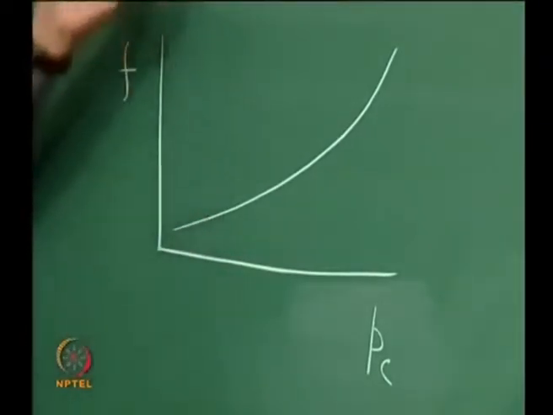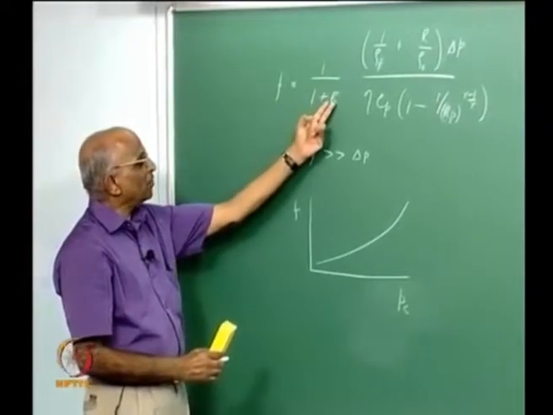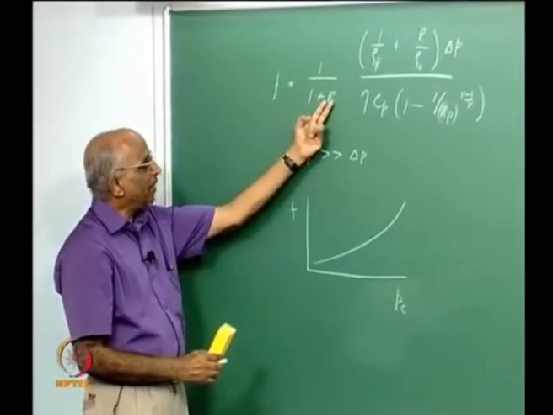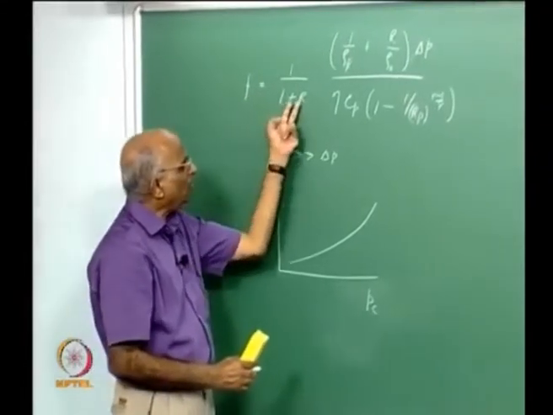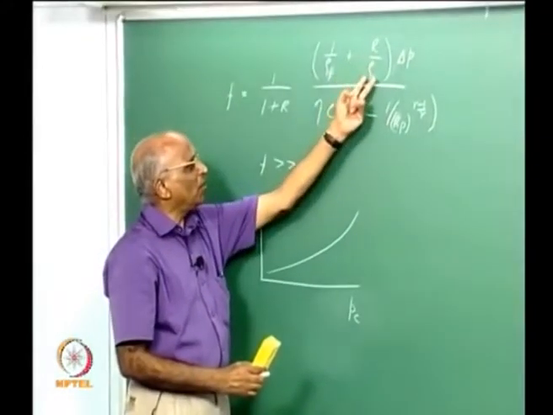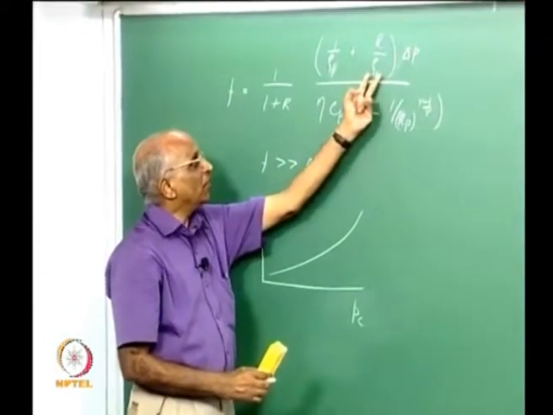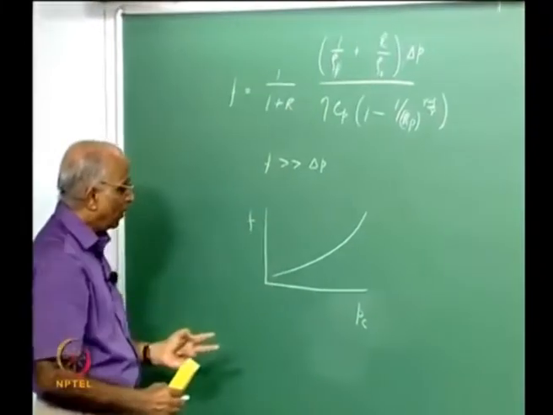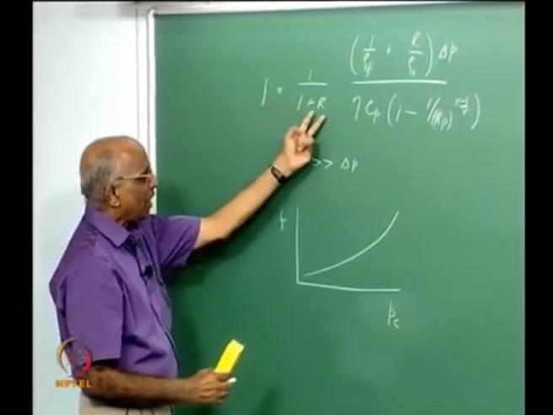How will it change with, let us say, the overall mixture ratio? If the overall mixture ratio is higher, the F will be smaller, because I have R over here and R over here. This R is modulated by the density and multiplied by some number, therefore this R tends to be stronger, and the value of F will decrease as R increases.